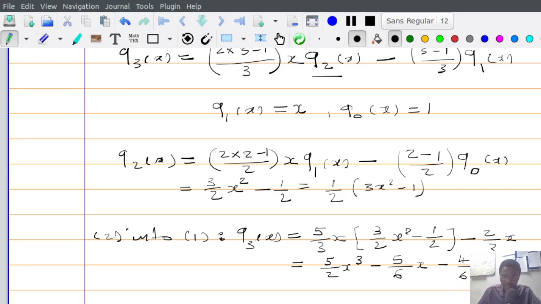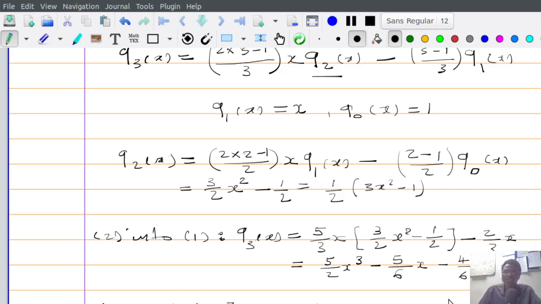So now this is our Q3. I can factor by 1/2, so we can write that this is 1/2 (5x cubed minus 3x), and if you recall, this is exactly 1/2 of the earlier polynomial, and that's why previously we said it was 2 times the third degree Legendre polynomial.